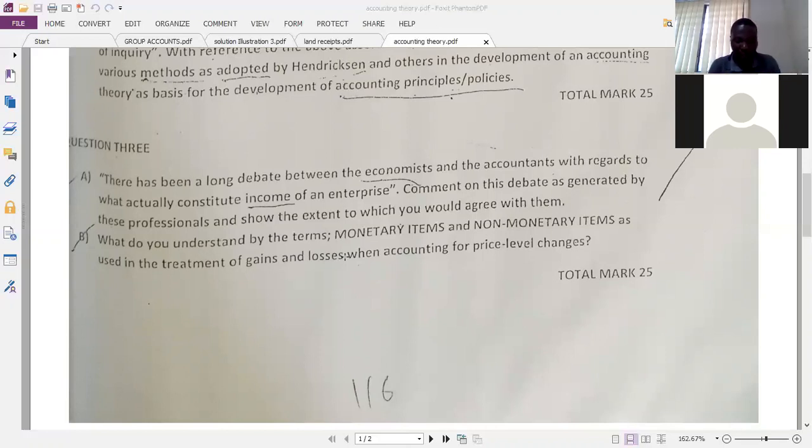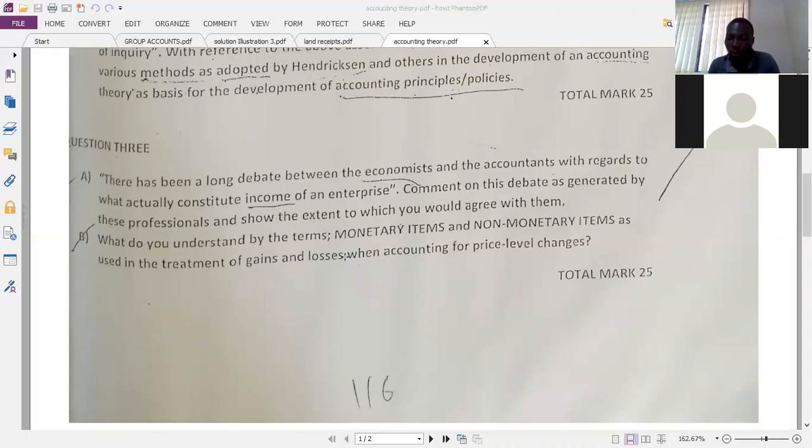Then non-monetary items and liabilities, such as fixed assets, stocks, and shareholders' equity, which are assumed neither to lose nor gain in value by reason of inflation. So these things don't lose or gain because of inflation. Whether prices of goods are going up or going down, they don't lose, they don't gain.